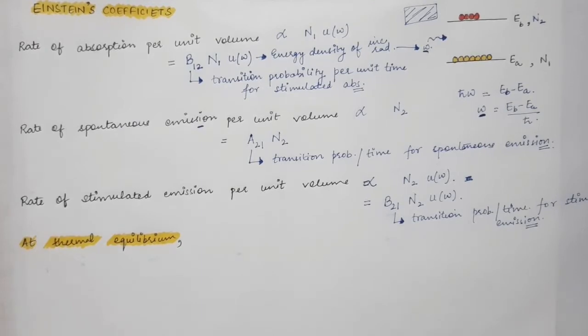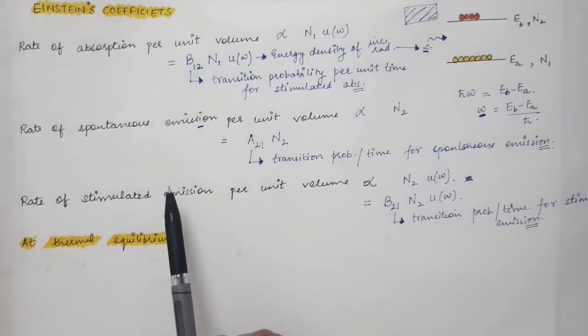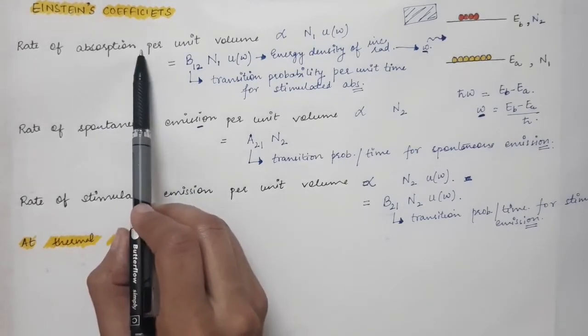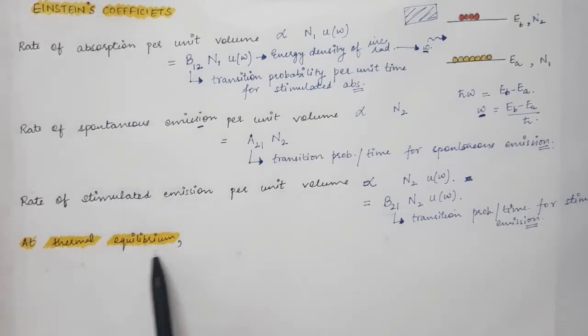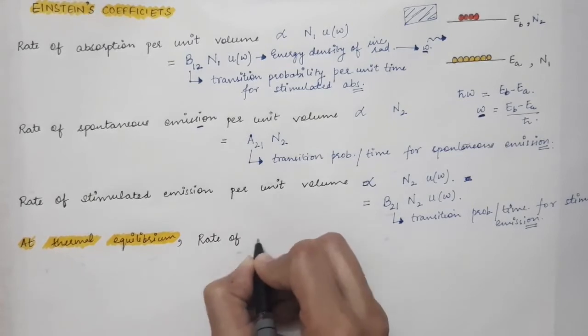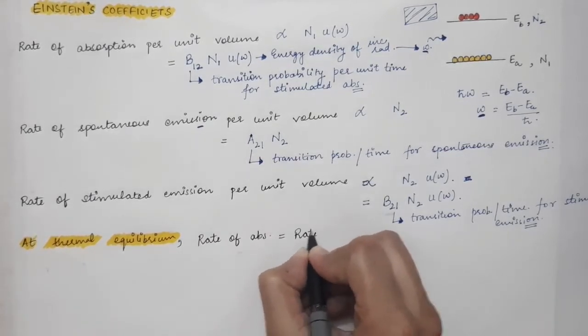So in this case also, the rate of absorption must be equal to the rate of emission. There are two emission processes and one absorption process. So at thermal equilibrium, that is at a particular constant temperature, the rate of absorption must be equal to the total rate of emission.